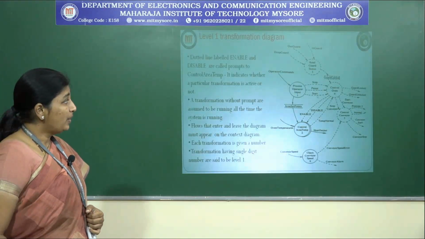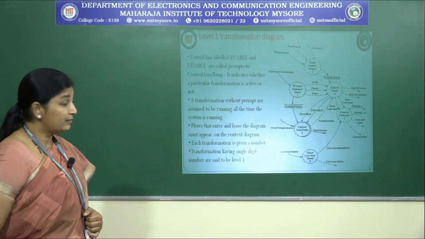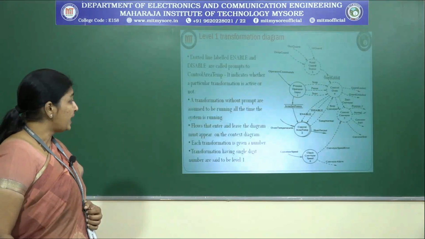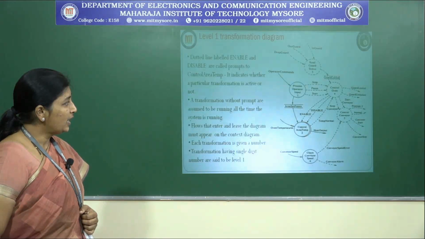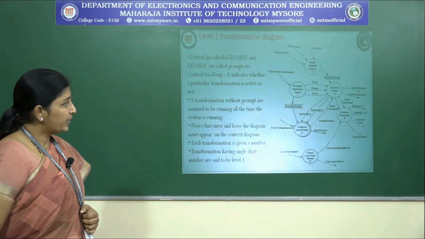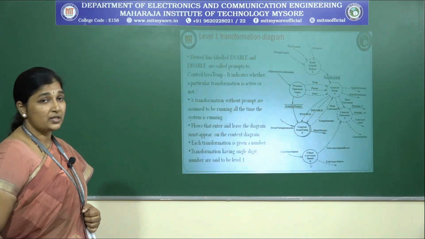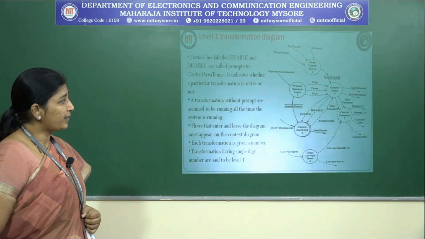Now you can see there are many arrows, which indicate the direction of flow of control. And not just that, there are numbers given here: 1, 2, 3, 4, 5, 6.